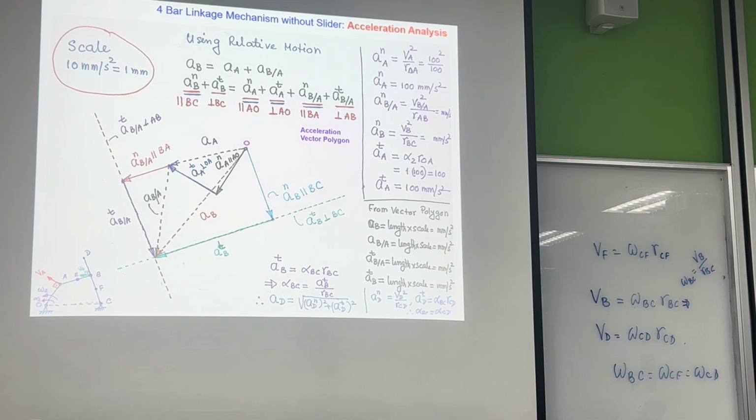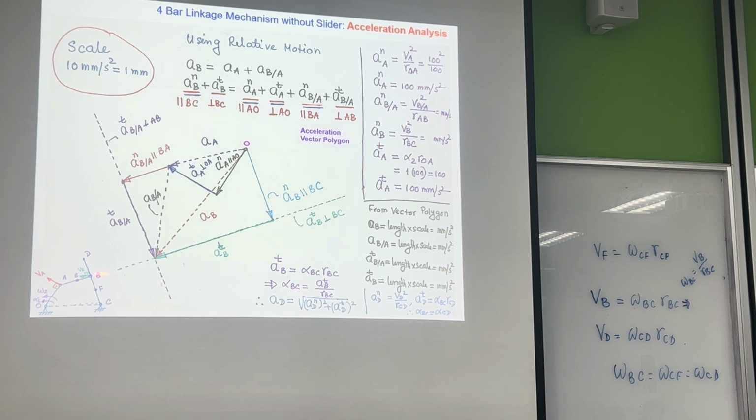And our ABN should start from the origin of the vector polygon. Why? Because that link, our BC, has a connection with the ground at point C. And also it is a one-letter index, as per our rule that we have written, it is there clearly. So therefore, using our scale, we know its value.